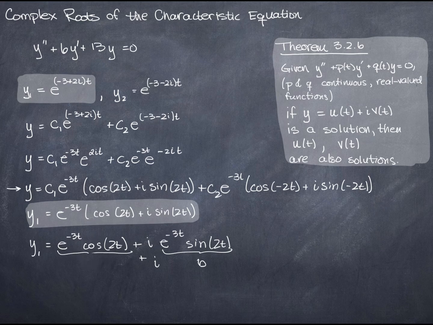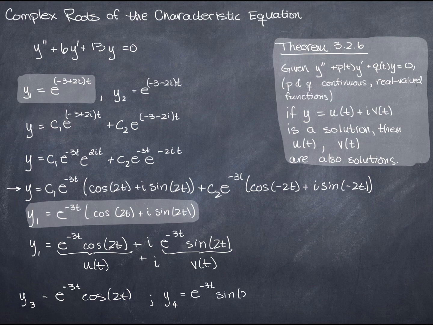Let me change my a and b to u of t and v of t. And what this theorem says is that y3 equals just the e to the negative 3t cosine of 2t is one solution, and another solution is e to the negative 3t times the sine of 2t without the i.